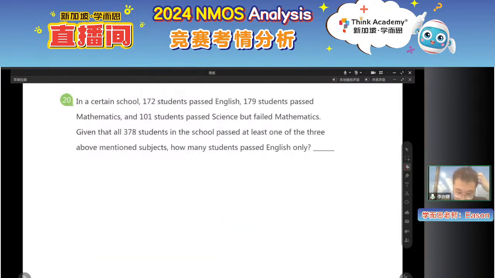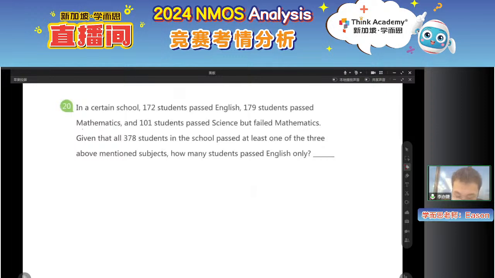Okay, question 20. It's an inclusion-exclusion problem. It says 172 students passed English, 179 math, 101 passed science but failed mathematics. All students passed at least one of the three above-mentioned subjects.